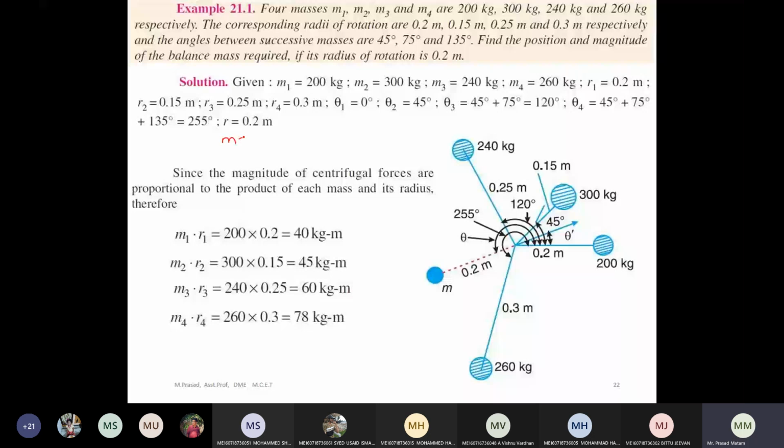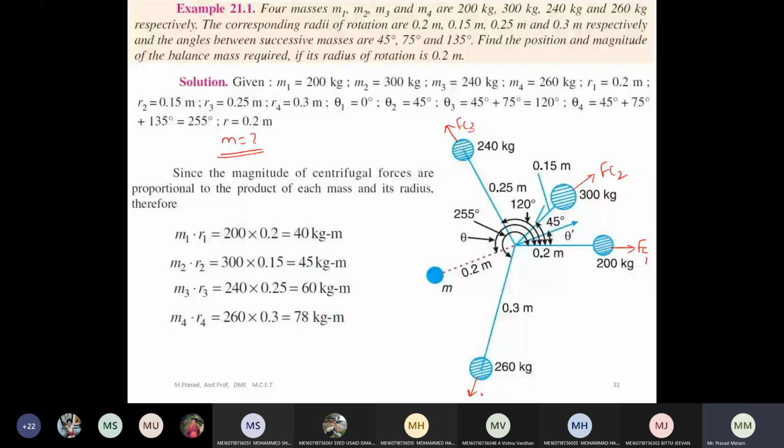For this mass m, a centrifugal force Fc1 is acting. Similarly, for mass 2 the force is Fc2, for the third mass the centrifugal force is Fc3, and for the fourth mass Fc4. I have drawn the configuration diagram.